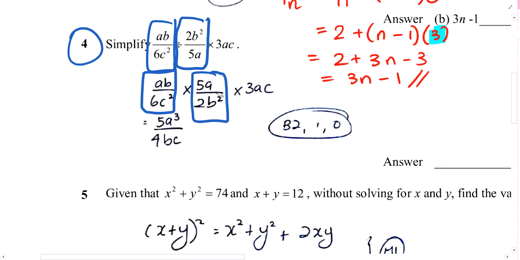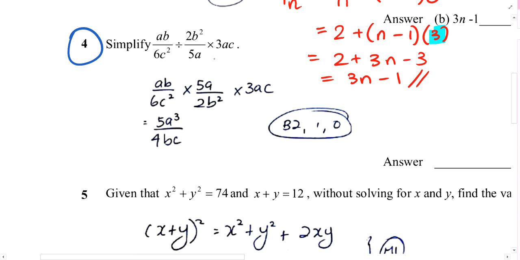Now multiplication of fractions is really easy because you get to cancel wherever you find common factors in both the numerator and denominator. So first thing that we can cancel, I see a b over here, and I see b squared at the bottom. That means at the bottom is b times b. So I cancel away the b first. Cancel this b. Now I'm left with 1b in the denominator.